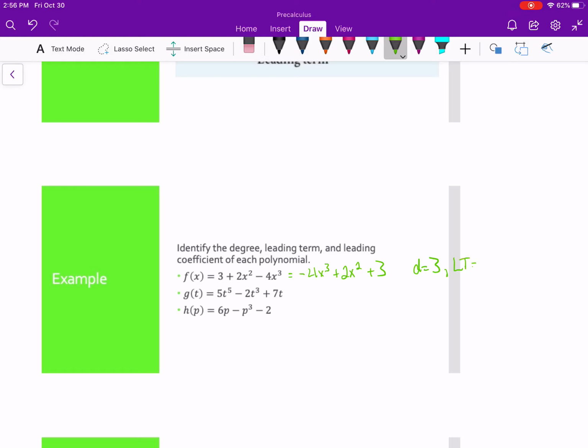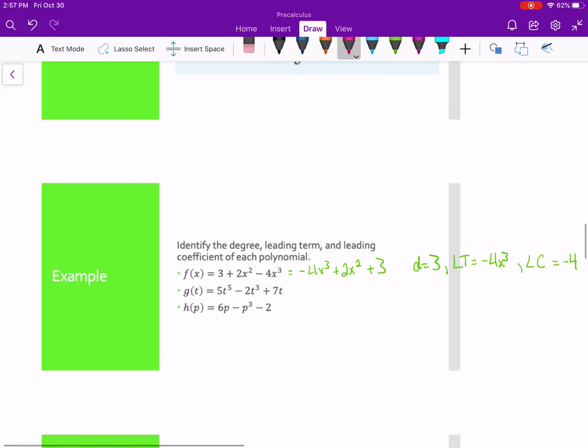Leading term is negative 4x cubed, and my leading coefficient is negative 4. All right, the next one is already written in descending order for us. So our degree is 5. Our leading term is 5t to the 5th. And then my leading coefficient is 5.